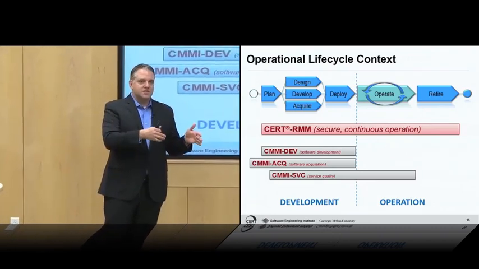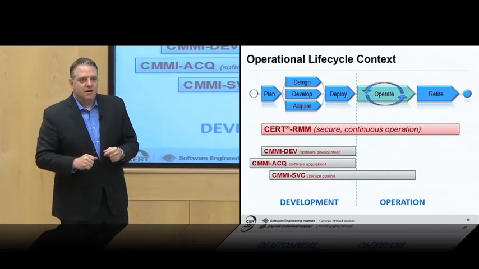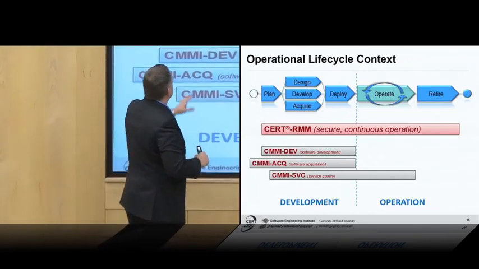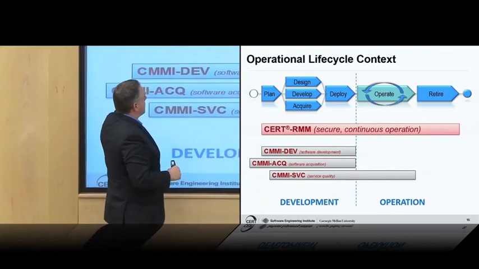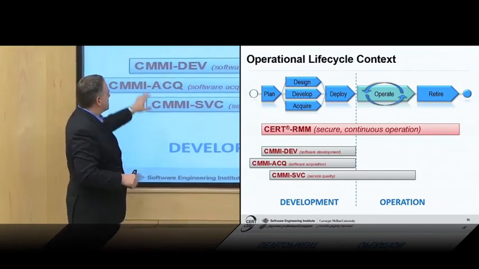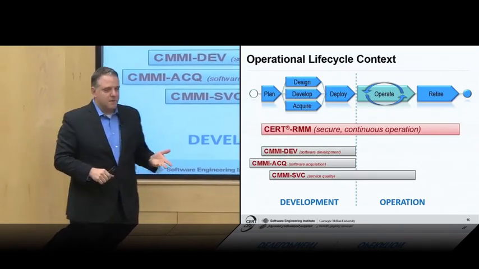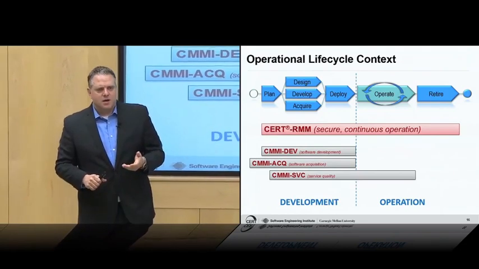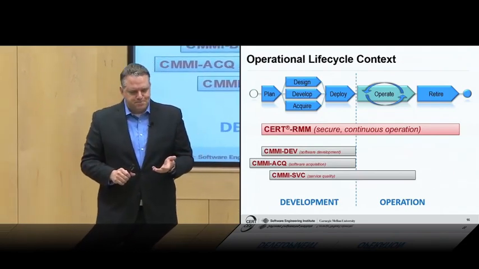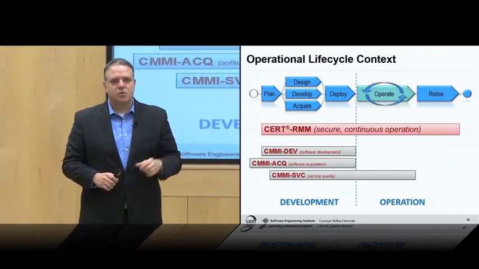So development efforts can be guided by CMMI, operational efforts can be guided by CMMI, and you can see there that it goes from everything from planning to deploying to operating to retiring. Whereas perhaps some of these other models that are plotted on here, like CMMI for development or acquisition, really only cover part of the total life cycle.